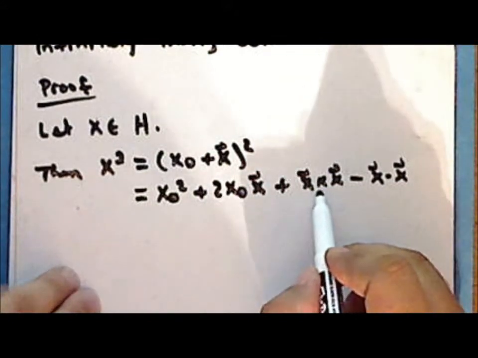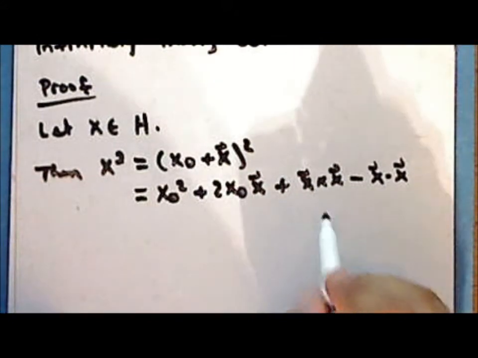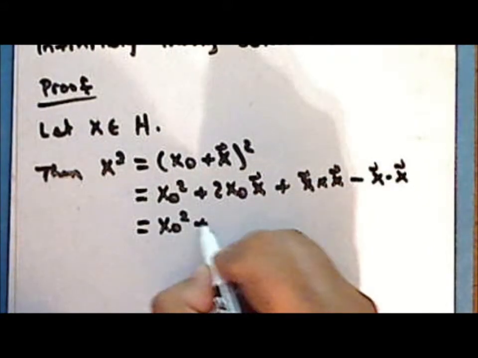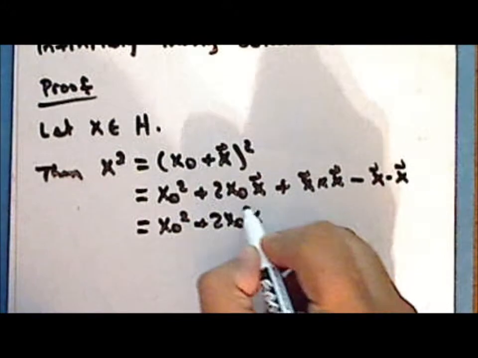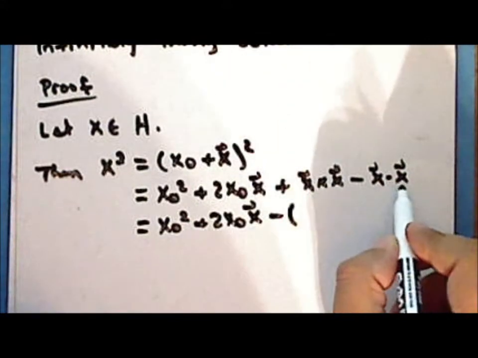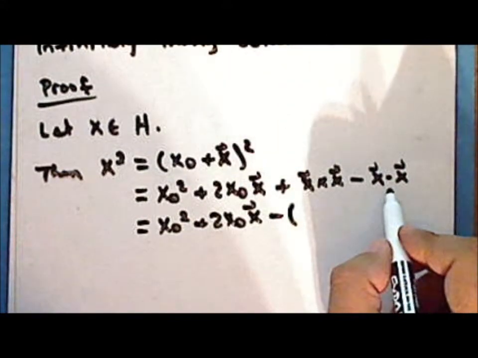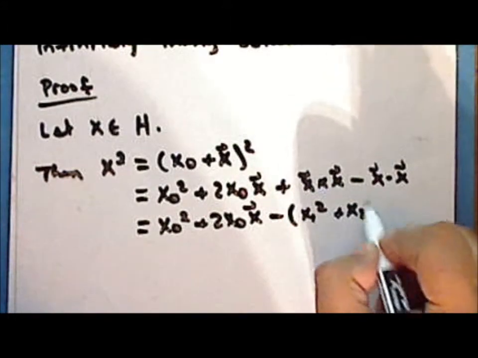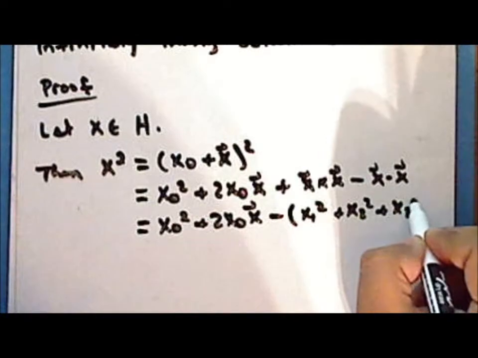The cross product of any three-dimensional vector with itself is the zero vector, and so we have x sub naught squared plus 2 times x sub naught times the three-dimensional vector x minus the dot product of the vector x, which is x sub 1 squared plus x sub 2 squared plus x sub 3 squared.